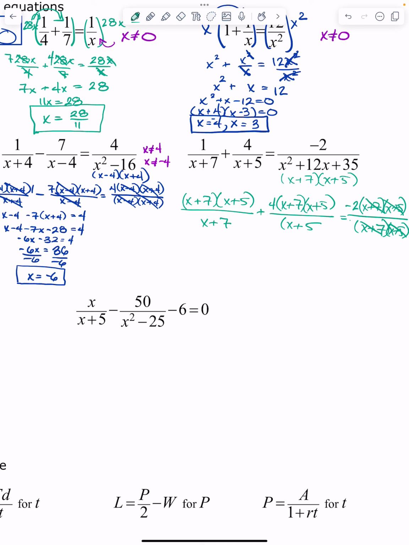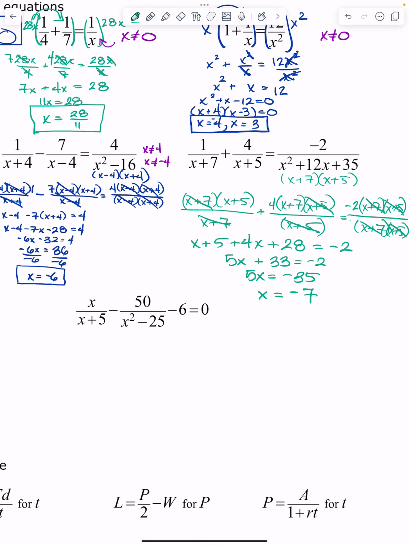And we are going to cancel, oops, what we can. I get x plus 5 plus 4x plus 28 equals negative 2. 5x plus 33 equals negative 2. 5x equals negative 35. x equals negative 7.